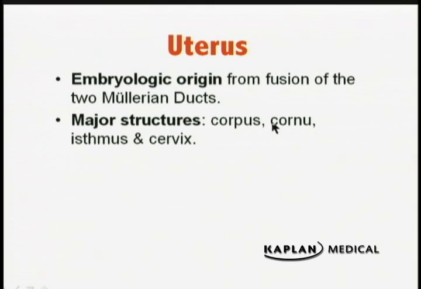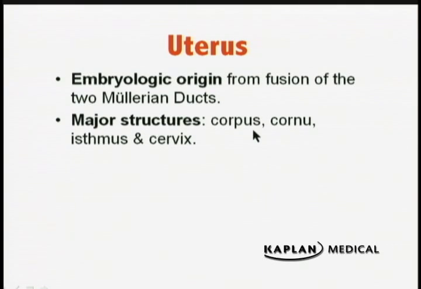The cornual area of the uterus is where the oviduct, the fallopian tube, has its origin in the wall of the uterus. The isthmus, which joins the uterus and the cervix together, and the cervix, which is the lower part and has the exit into the vagina.